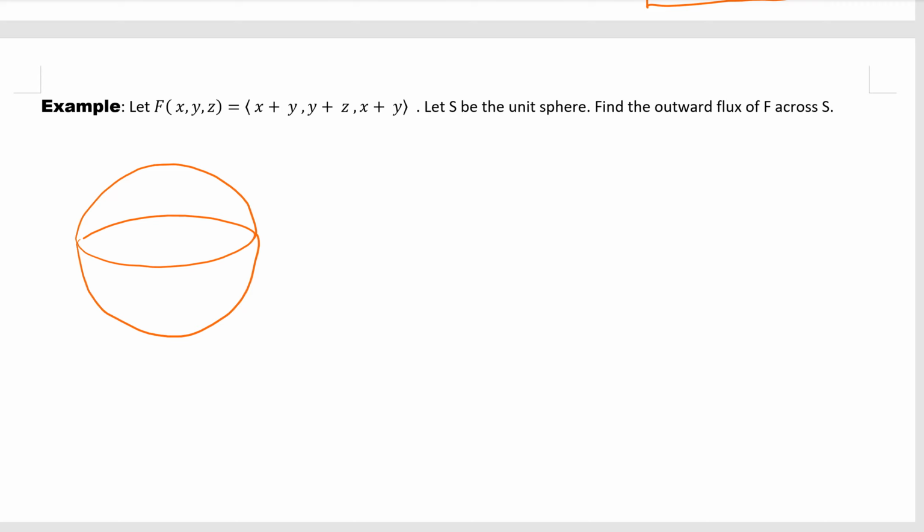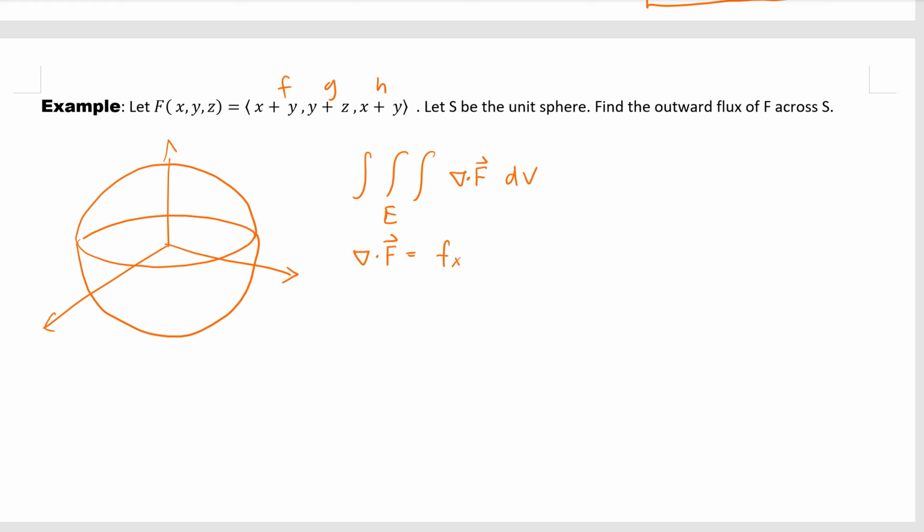So here, unit sphere, right? By the divergence theorem, that is our solid ball E, and we want to compute the divergence dV.